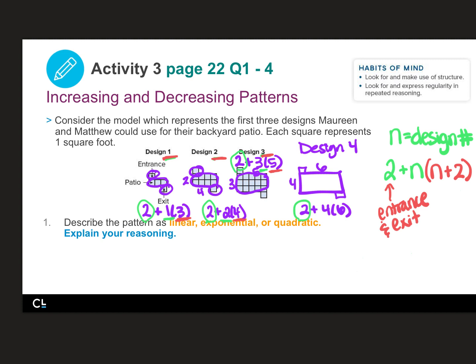We have that big rectangle in the middle, which is this part of our design. So there's our rectangle in the middle, and again, it's n high for the height being the same as the design number. And then the width is always n plus 2 because it was 2 more than that design number.